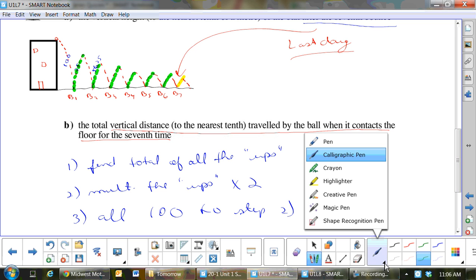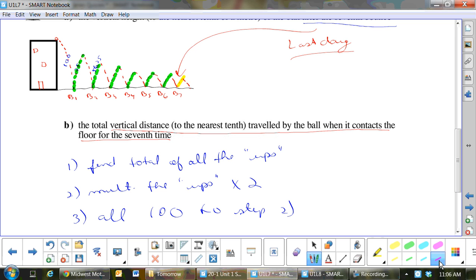Maybe I should do this. If I did this in a nice color, that would get me these and these. That would give me all those distances. Sorry, that should be green.